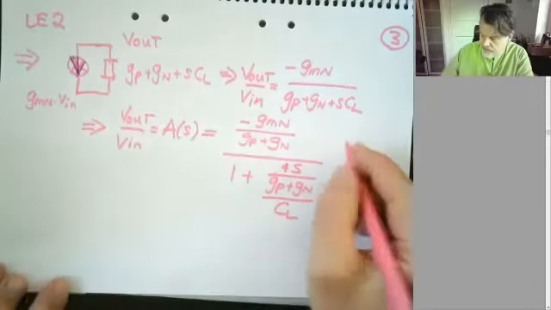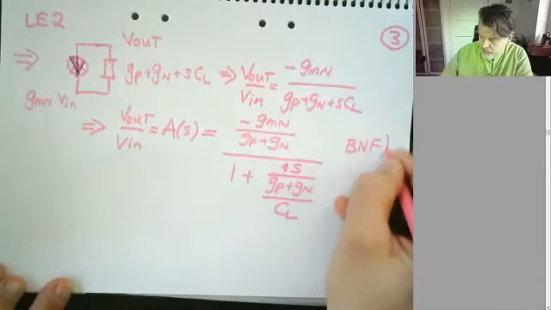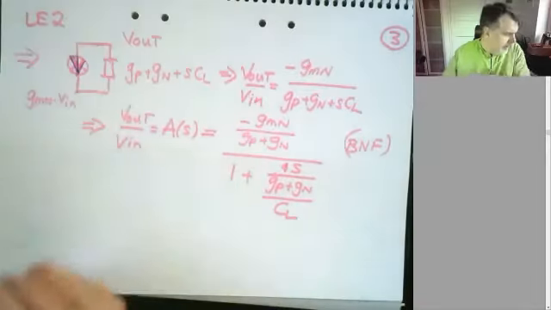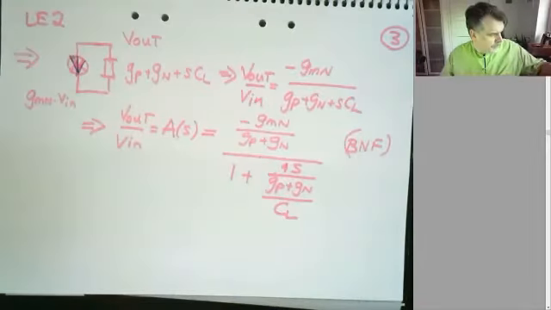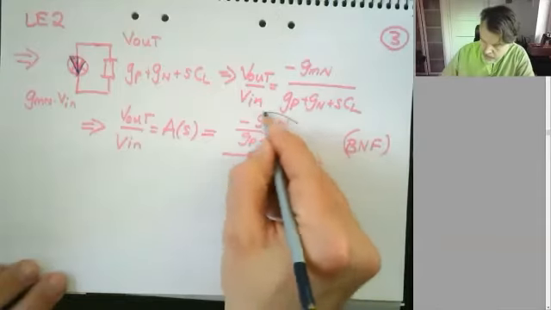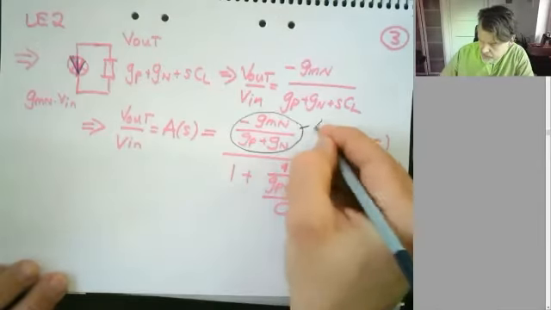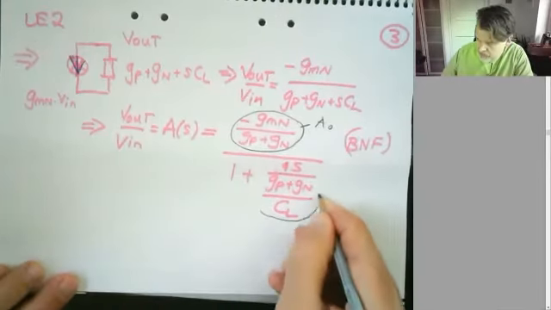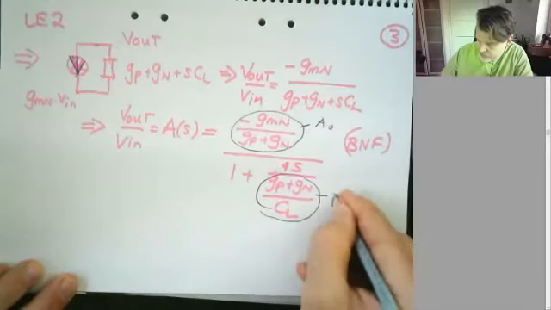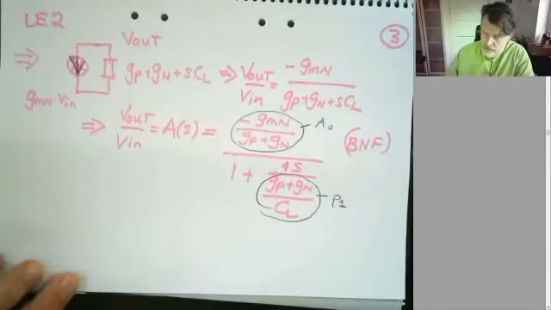We write it in Bode's normal form, BNF, and that helps us to identify the gain, the DC gain A0, yet again here. And that's our pole P1. All right.